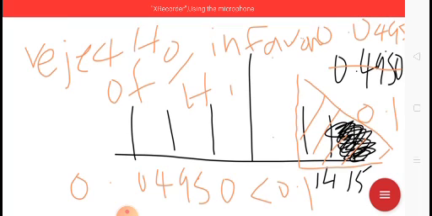In favor of H1 means at the 10% significance level, the claim that the germination rate has increased is supported. So this is for question 1.